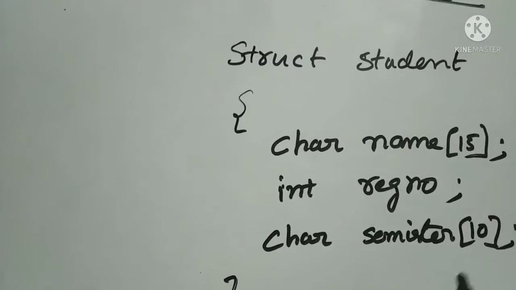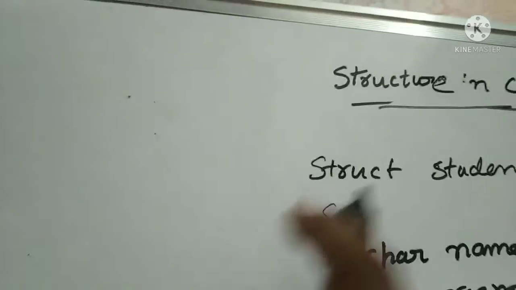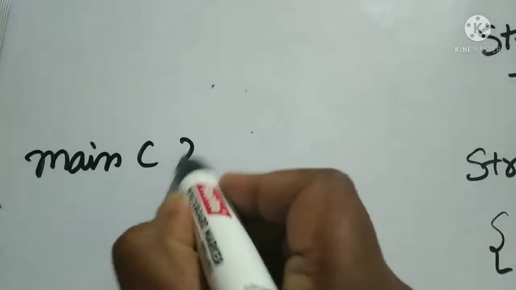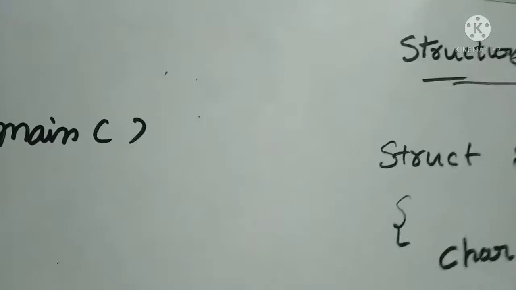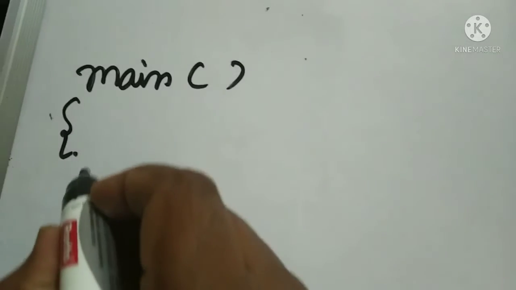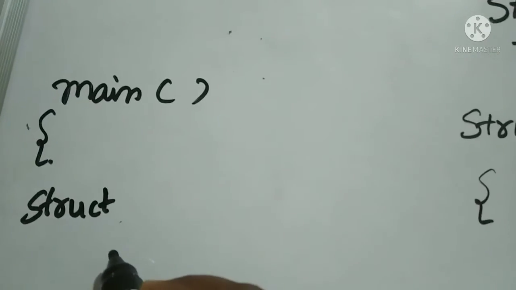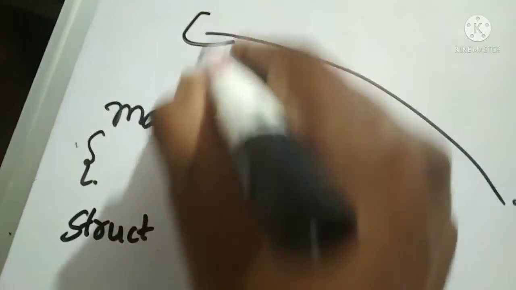In our main program, if I want to use this structure, I have to use the keyword struct once again. Everything I have written, from here to here, should be present before main.